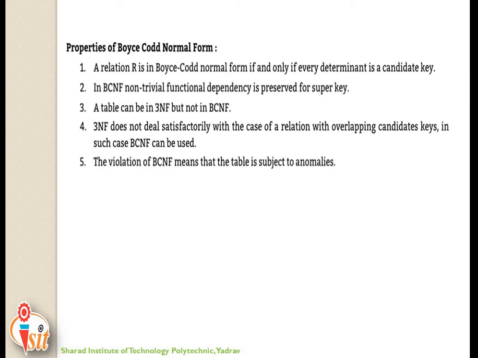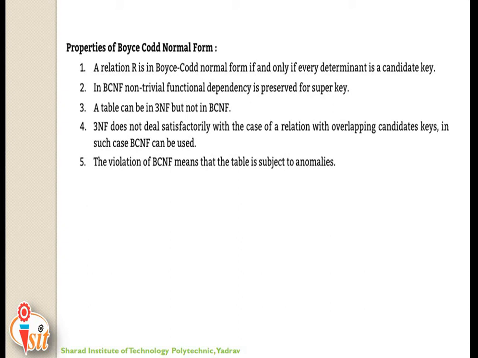And now the last point of BCNF is the properties of Boyce-Codd normal form. What are the different properties of Boyce-Codd normal form? The first one is a relation R is in Boyce-Codd normal form if and only if every determinant is a candidate key. The second property is that in BCNF non-trivial functional dependency is preserved for super key.